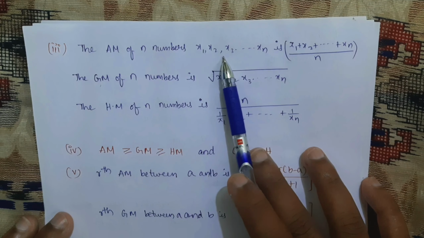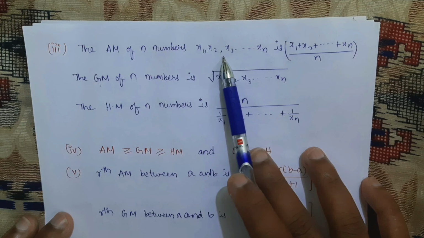The next part is the method of differences. This concept is not mentioned in PU, but problems related to this concept have been given in NCERT examples, so you will understand later.